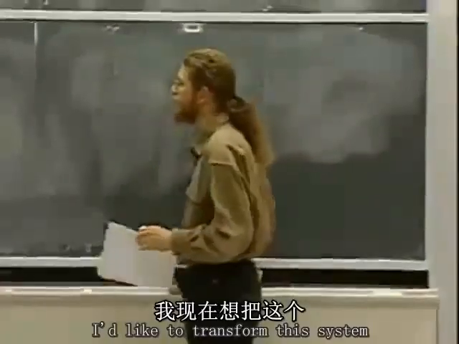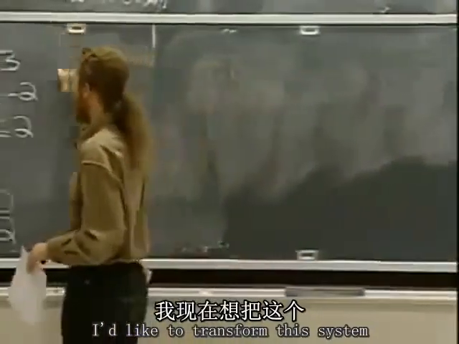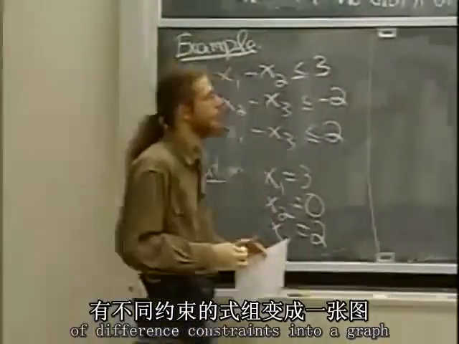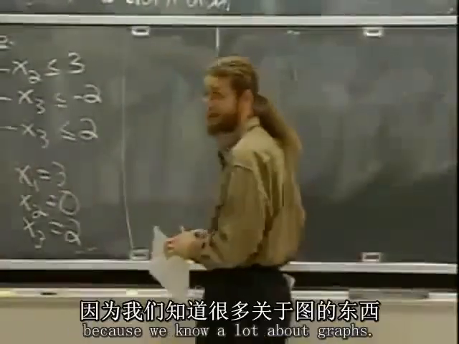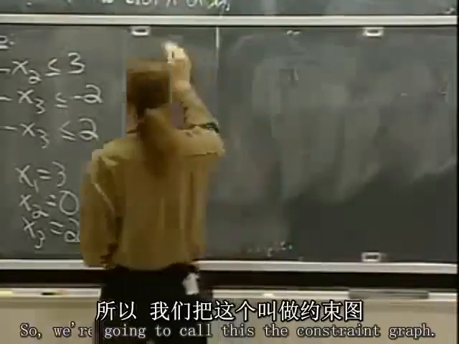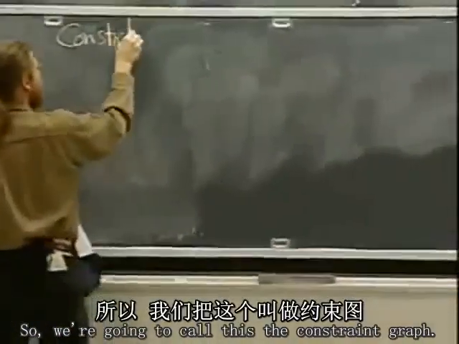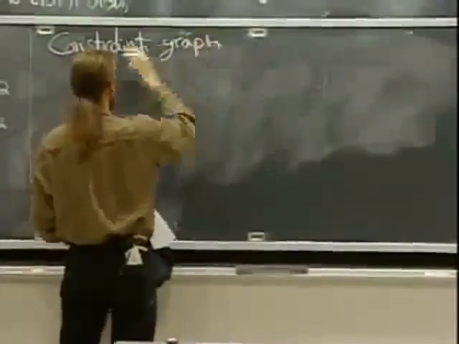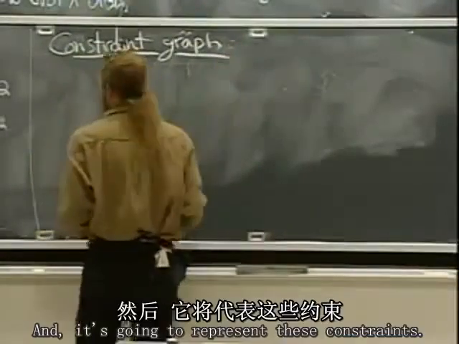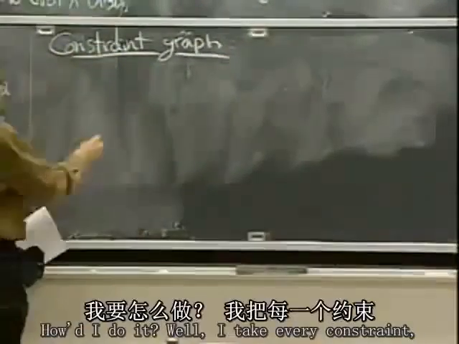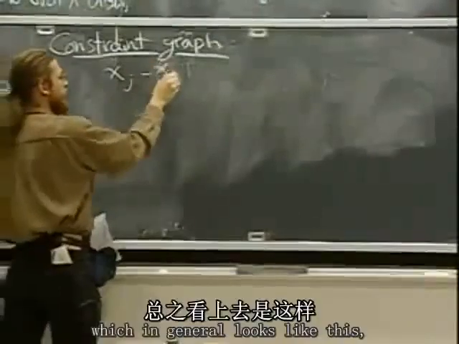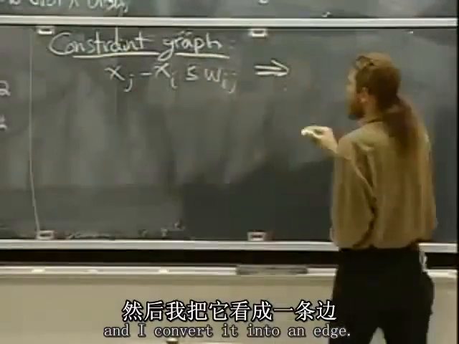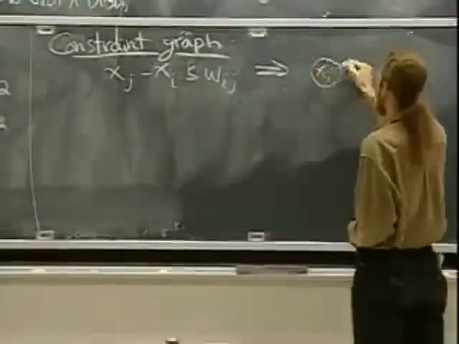Okay, I'd like to transform this system of difference constraints into a graph, because we know a lot about graphs. So I'm going to call this the constraint graph. And it's going to represent these constraints. How do I do it? Well, I take every constraint, which in general looks like this, and I convert it into an edge.